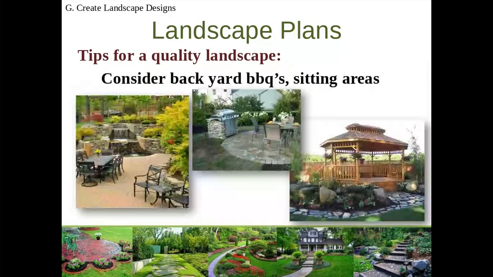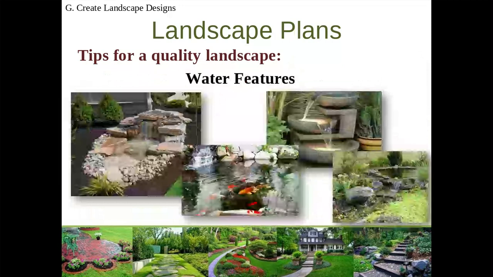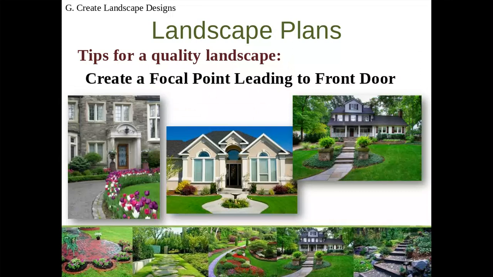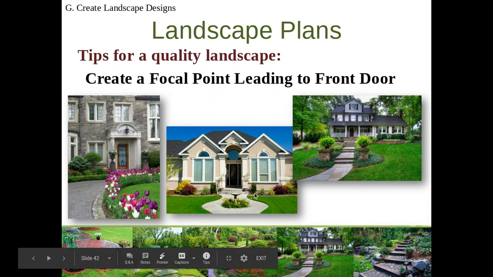Try and add some seating areas, barbecue areas. Down here, you will want water features, right? Like a pool, or it can just be a fountain, right? Things like that. If your backyard's big enough, add a pool. For the front yard, try and create a focal point drawing you to the door. Okay, you can see these ones, the lines all kind of guide your eyes to the door, right?